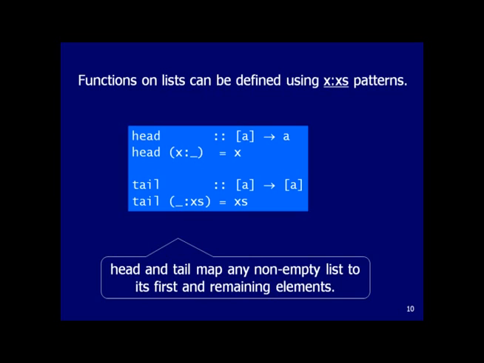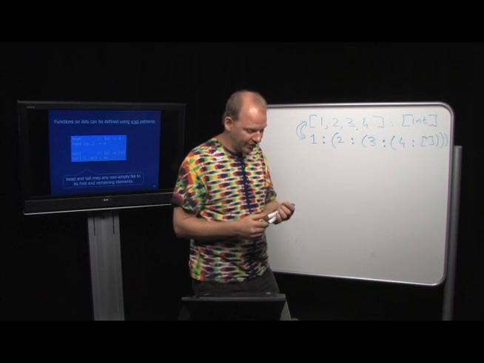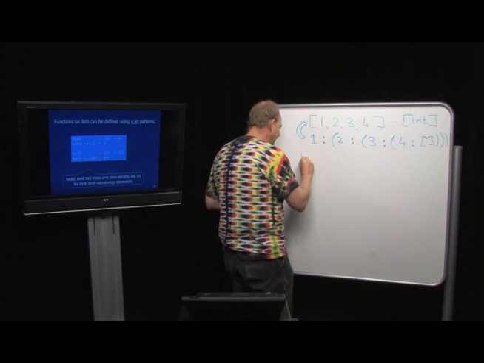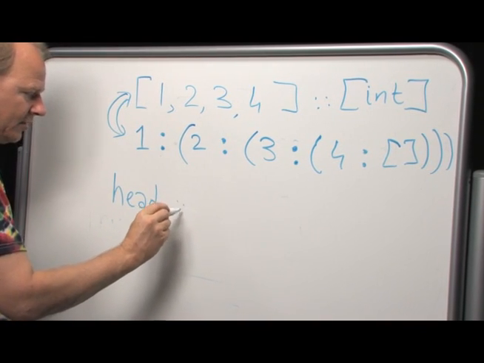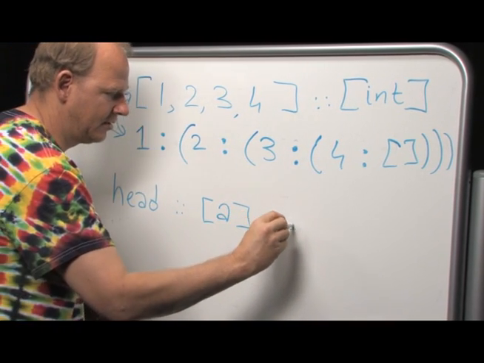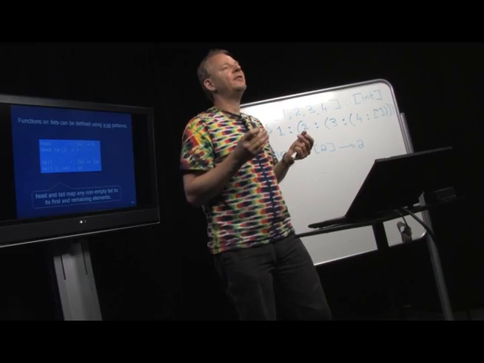The reason that we want to do this is because we often want to do pattern matching over lists. We have seen in previous lectures functions over lists. For example, the function head, and let's write its type. It takes a list of A and returns an A. This is a very interesting function.